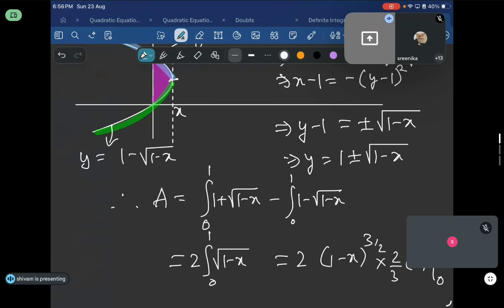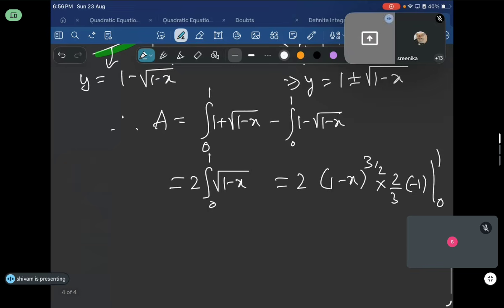We have to substitute from 0 to 1. When you substitute 1, it will become 0. So for 0 you will get the answer. When you substitute 0, you will get 4 by 3. Is it clear, those who are online?